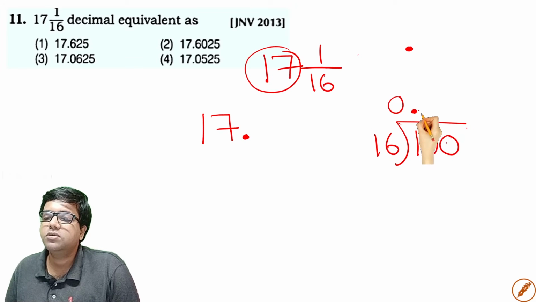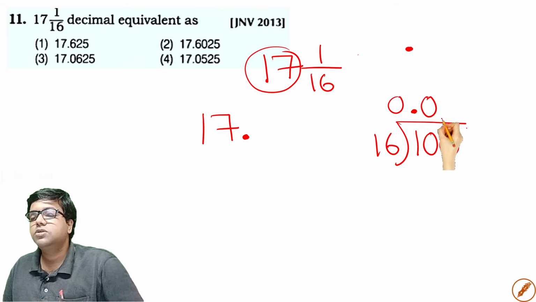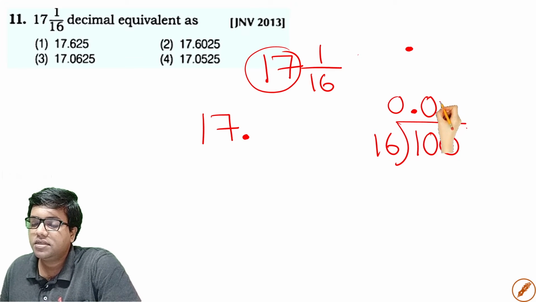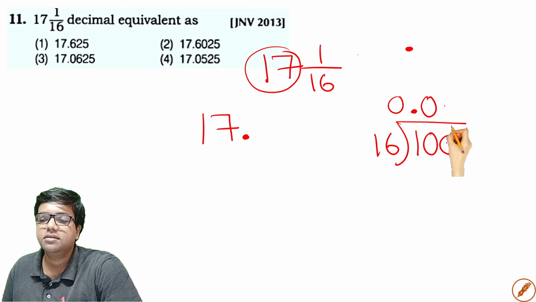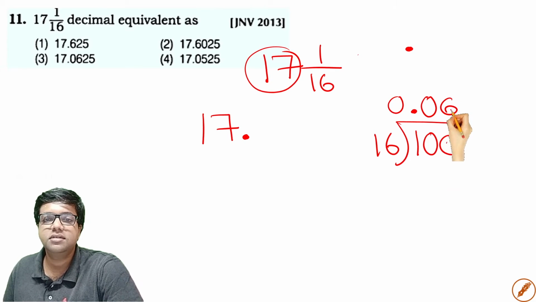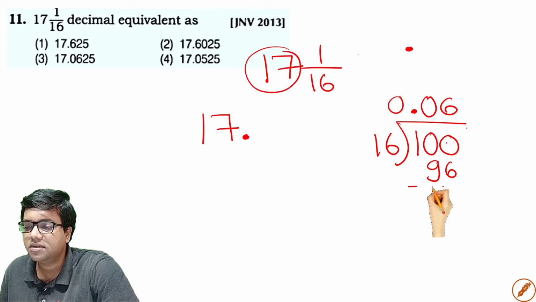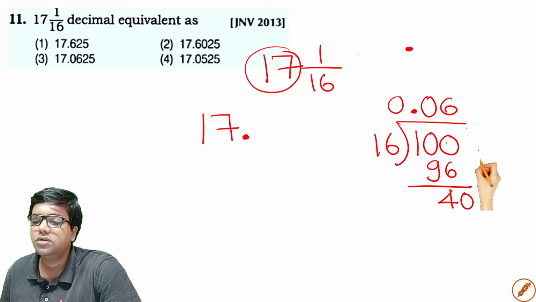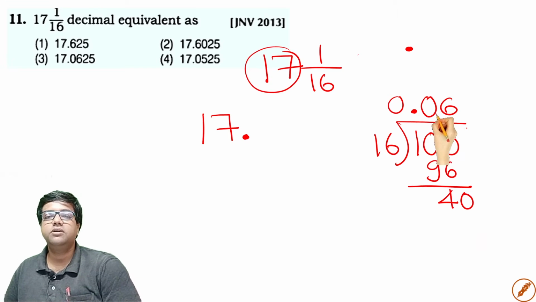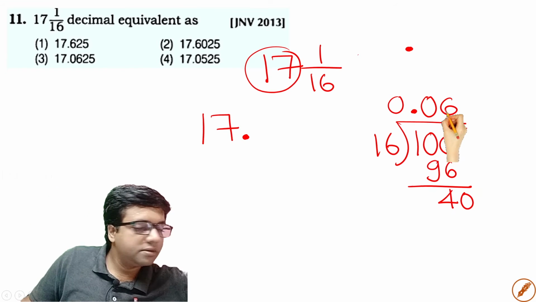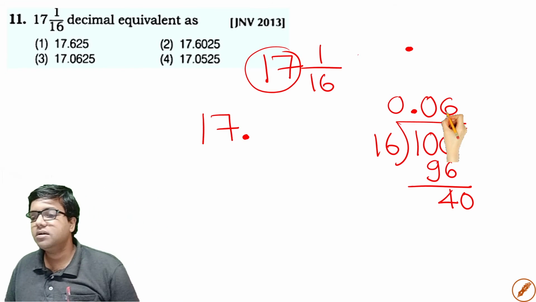You will keep one more 0 here as well. 16 into what will divide 100? 16 6s are 96. You are left with 4. One more 0. You don't have to put one more decimal point, because the decimal point comes only one time. So 6 is there.